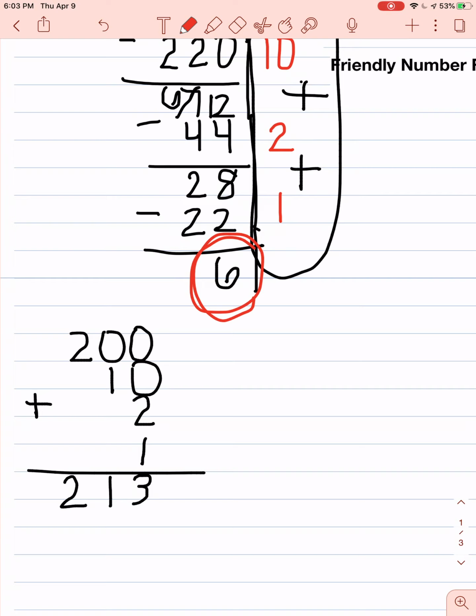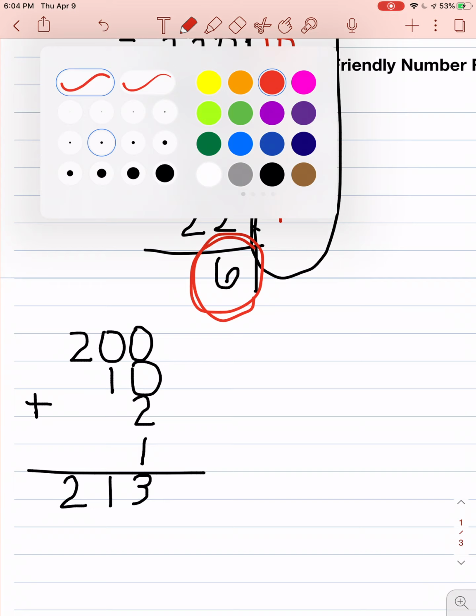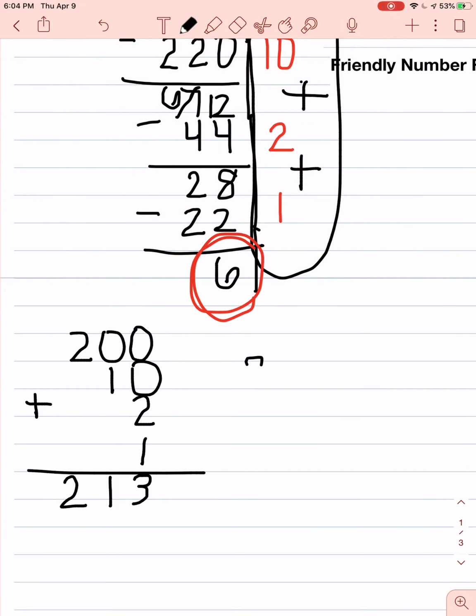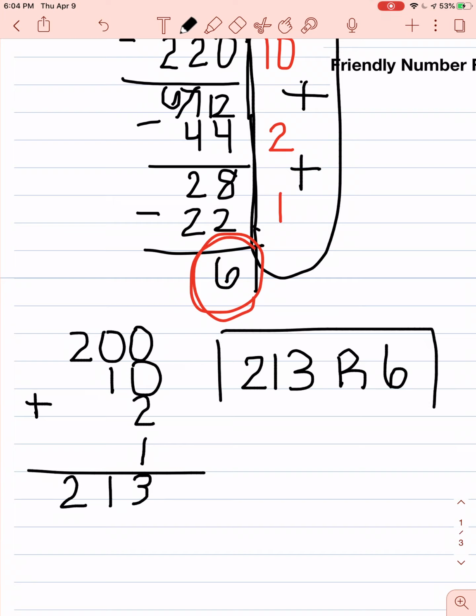Now, with these, because we worked with fractions already, how you write the fraction is you write your whole number, which is 213. You can either write it like this, but we are 5th graders.